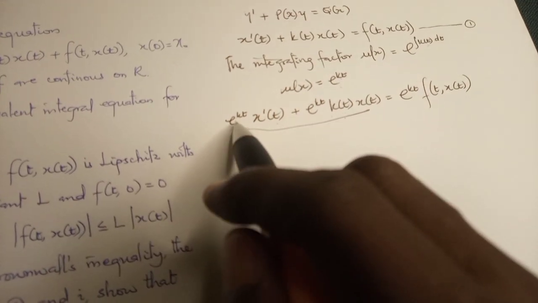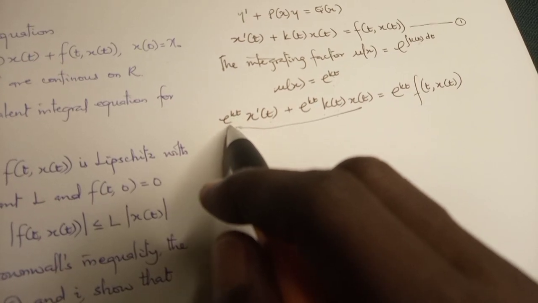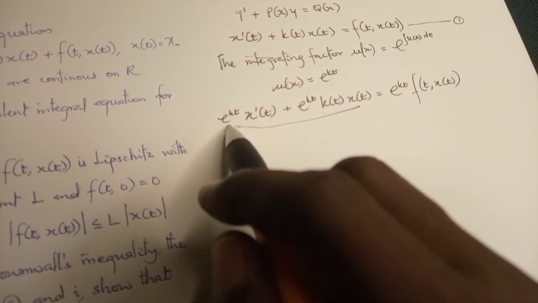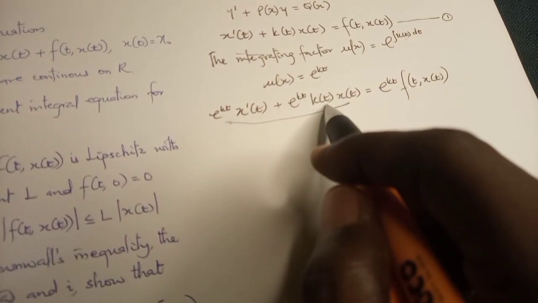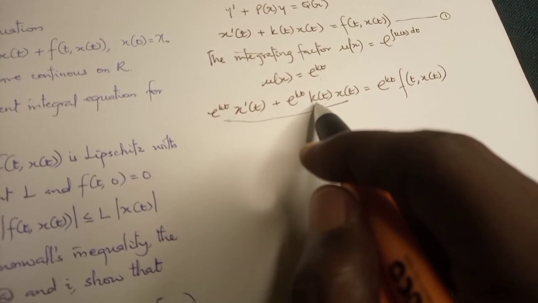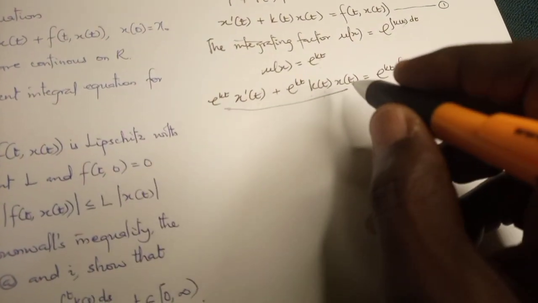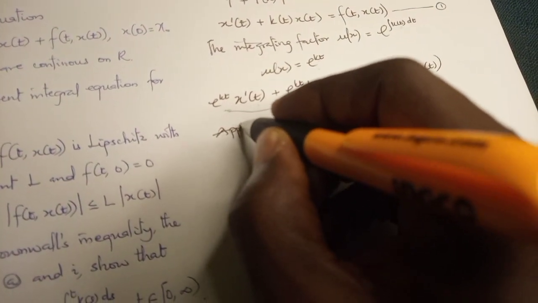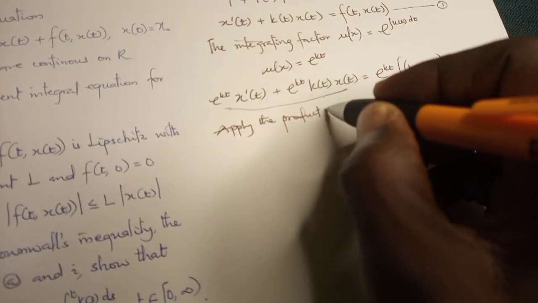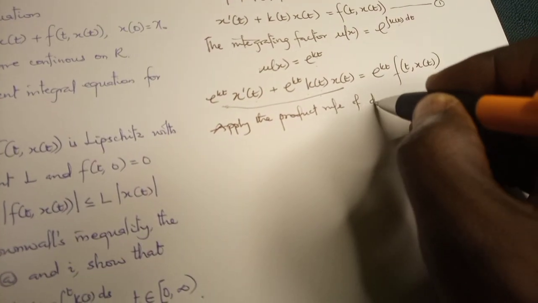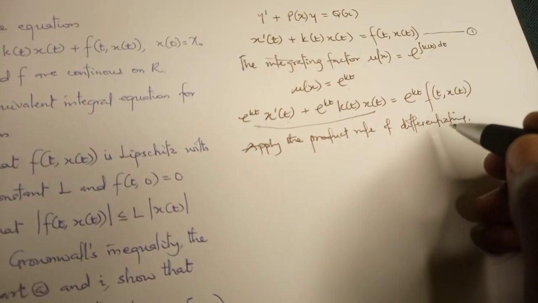Here we have e exponent kt, which is differentiated, and on the other side x of t is differentiated, so we can compress by applying the product rule of differentiation.